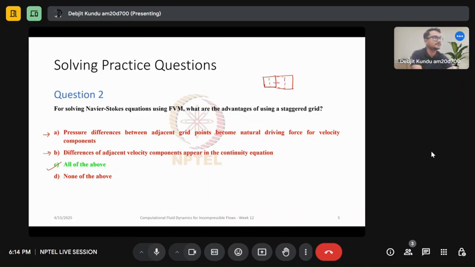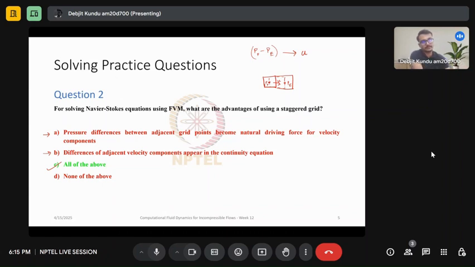U is stored over here, and we have P over here, and PE over here. So for U, this pressure difference, PP minus PE, becomes a natural driving force for U, right?